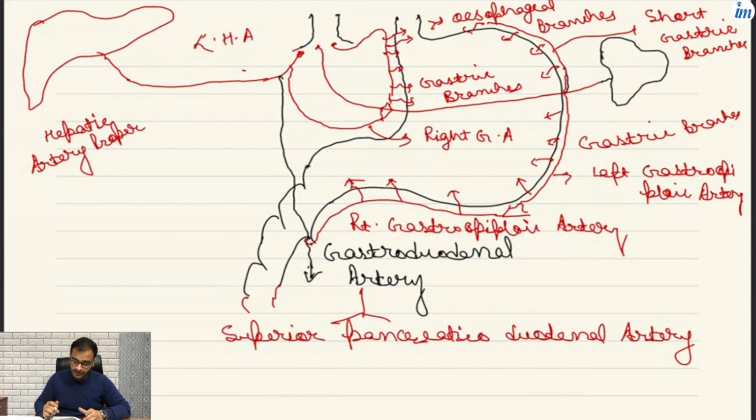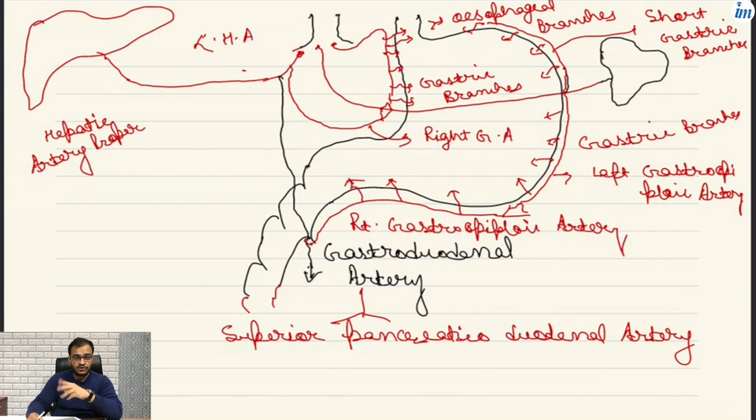This gastroduodenal artery has a course from the posterior of the stomach and duodenum. From the posterior of the stomach and duodenum, it comes down and gives the right gastroepiploic artery, which supplies the lower part of the greater curvature, and it gives one more branch, the superior pancreatico-duodenal artery.